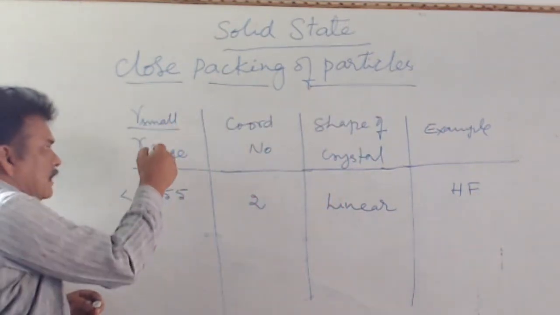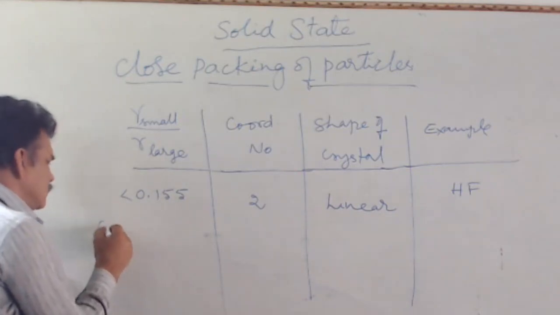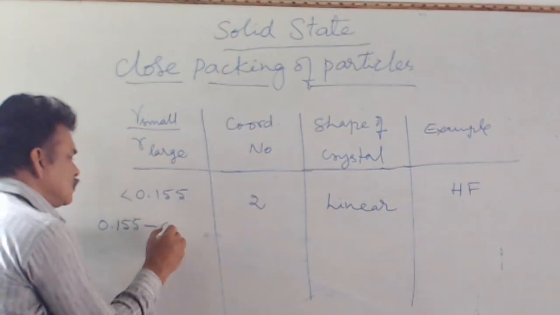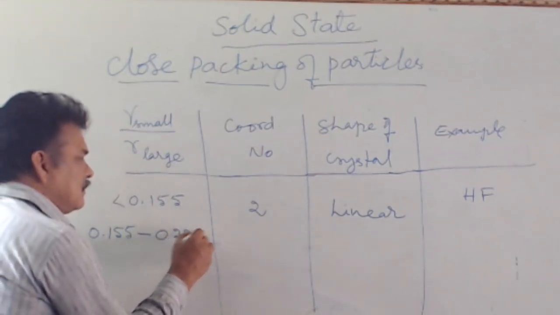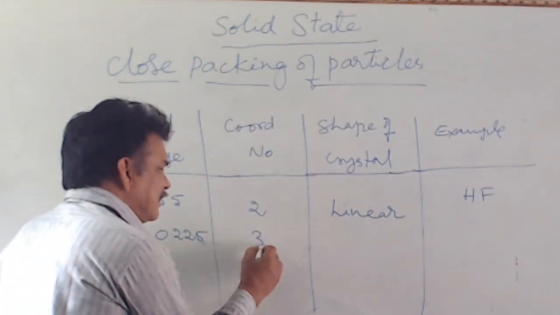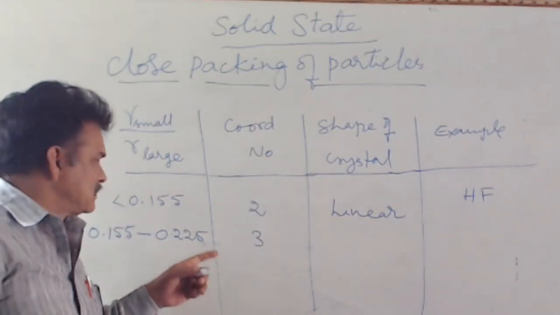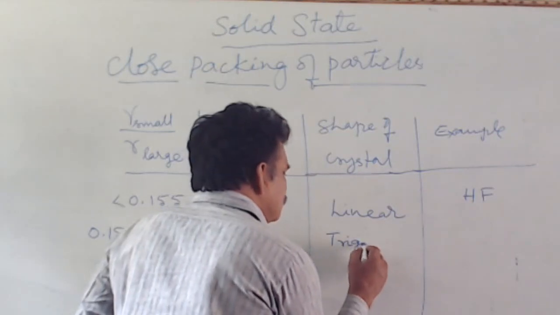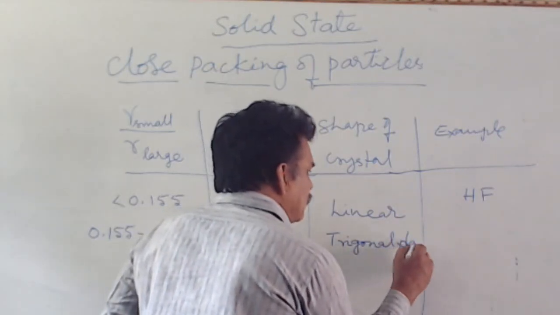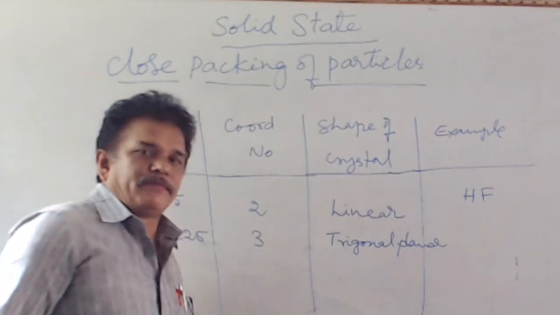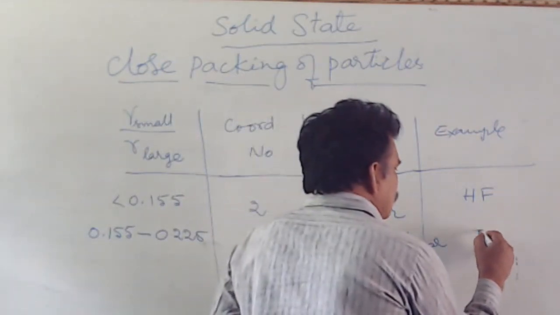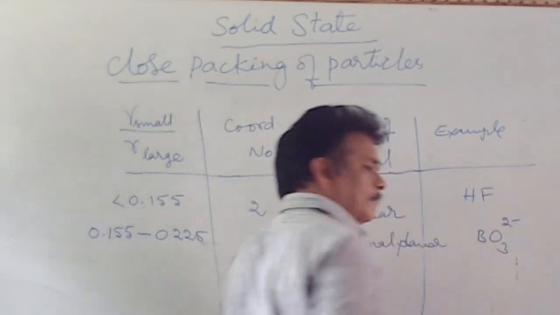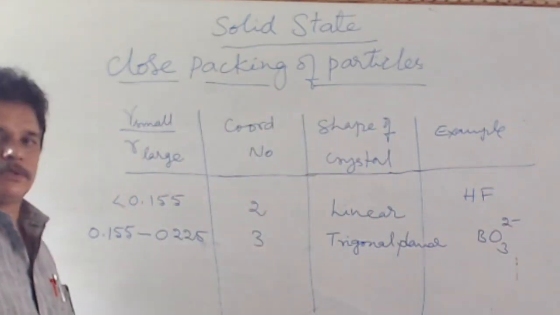If the R small by R large radius ratio is between 0.155 to 0.225, then the coordination number is 3, and trigonal planar will be the shape. For example, BO3 minus 2.